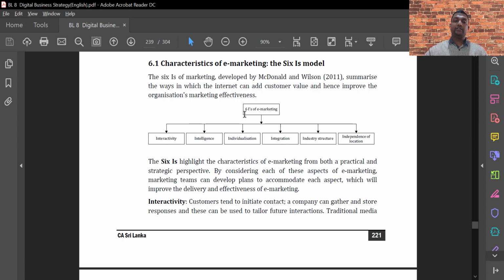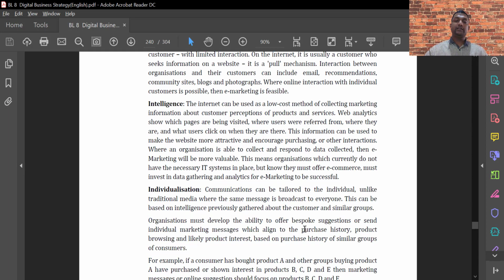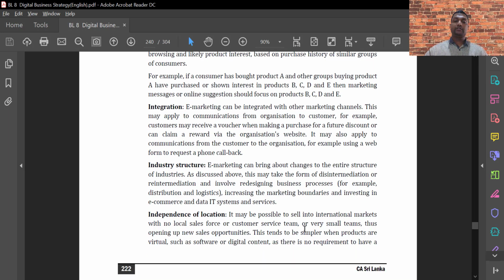These are the 6 I's of e-marketing: interactivity, intelligence, individualization, integration, industry structure, independence of location. All these 6 I's are explained.